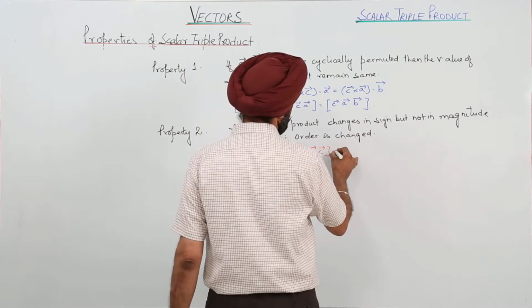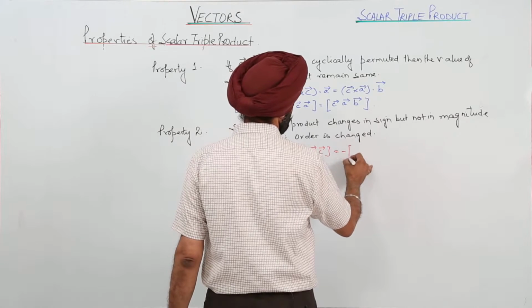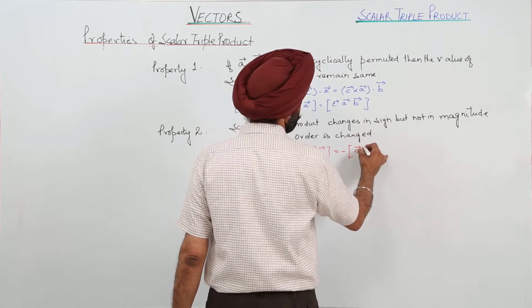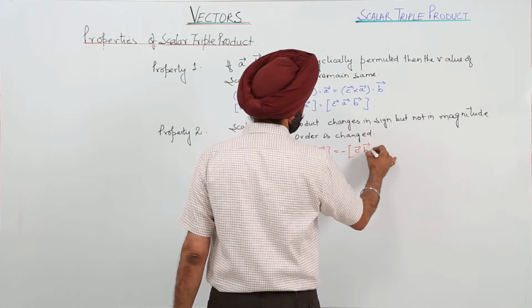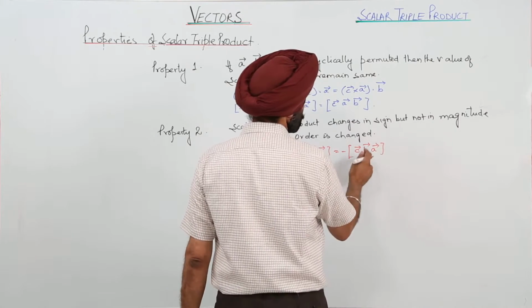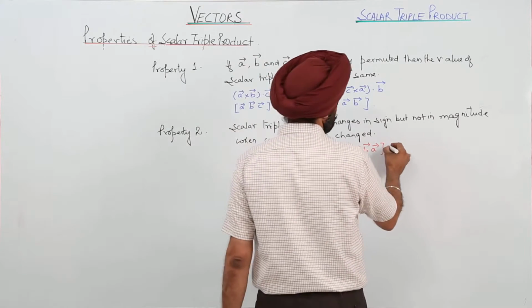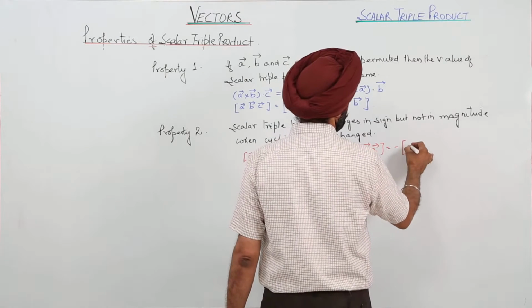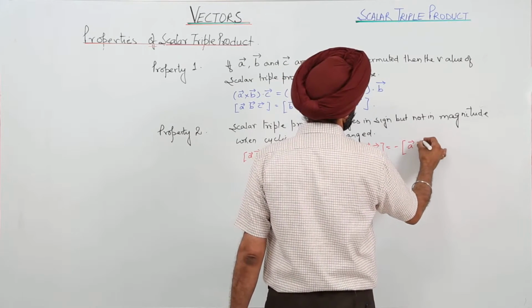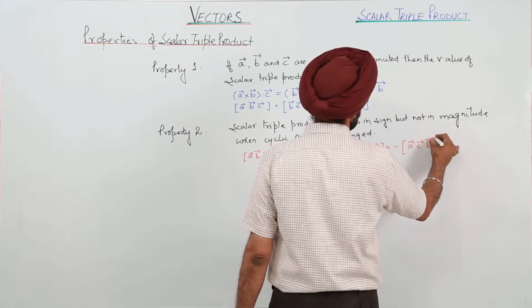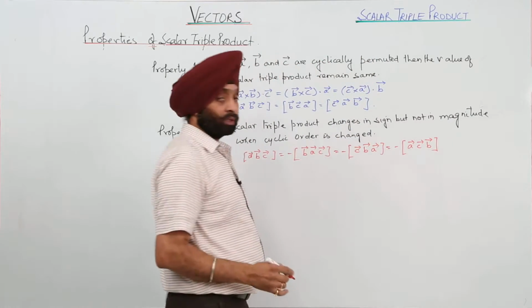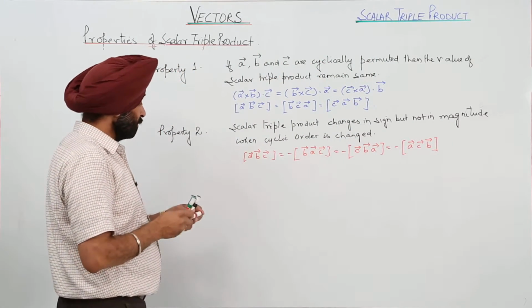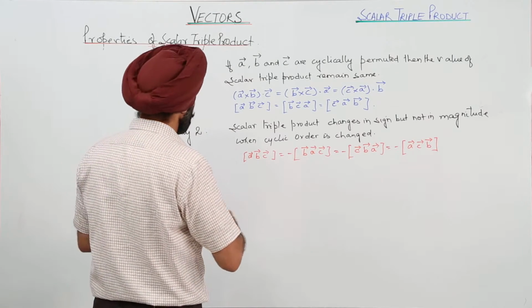Okay, is equal to negative of [C, B, A]. Again, the order for C and B has been changed, is equal to negative of [A, C, B]. Okay. So, if we are writing in this order, then we have to put a negative sign. Now, property 3.